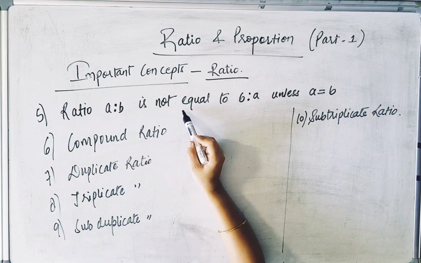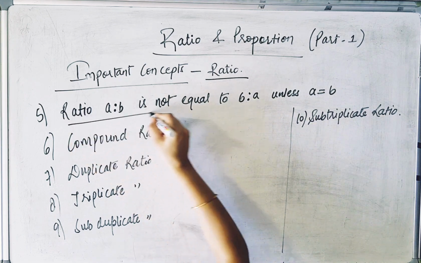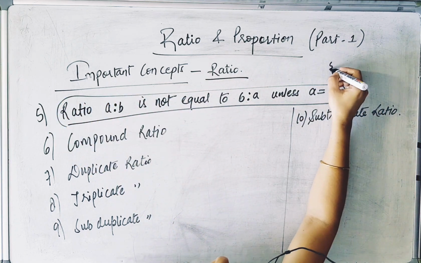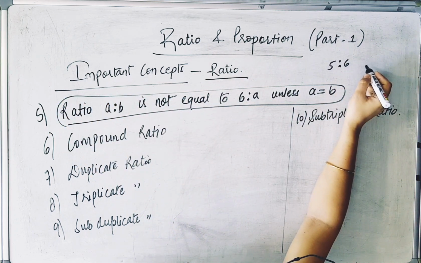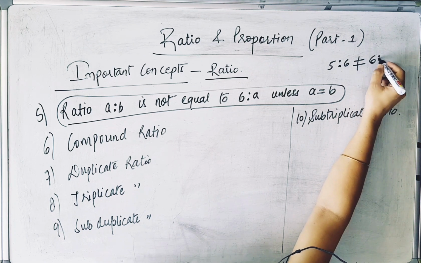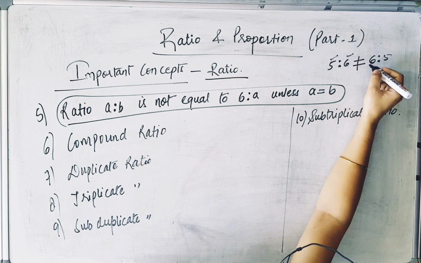Ratio A is to B is not equal to B is to A unless A is equal to B. What I mean to say here is that if I write 5 is to 6, this is never equal to 6 is to 5, because A and B are not equal.